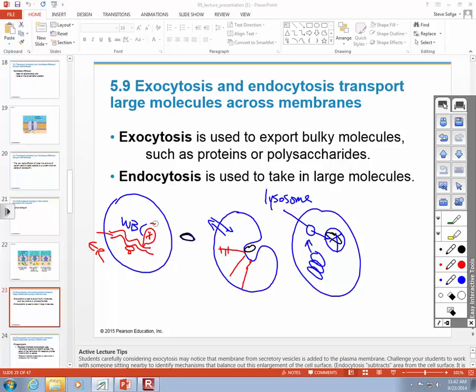Okay, and that's released, and eventually it will fuse with the plasma membrane, and that will be exported, whatever that protein is. So that continues to move this direction, and then my protein, which is the X thing, is going to be released.